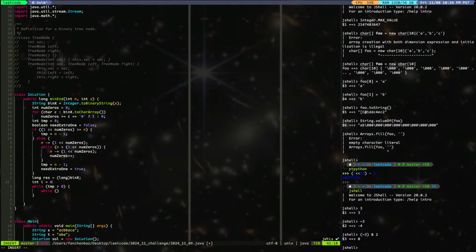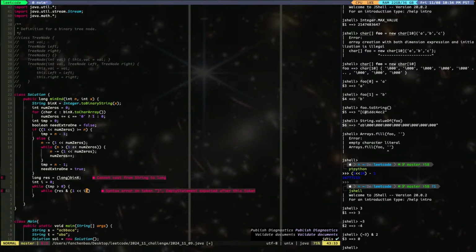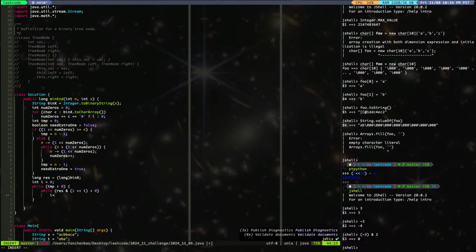Maybe because I need to know how many shifts we need to do, right? So we can say res and one left shift I, while this is equal to 1, and temp larger than 0, I plus plus.